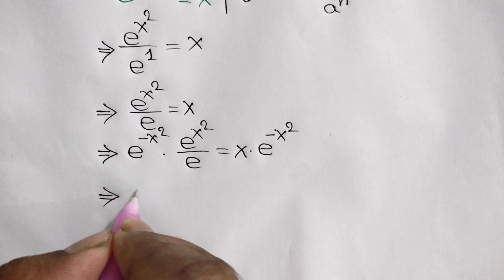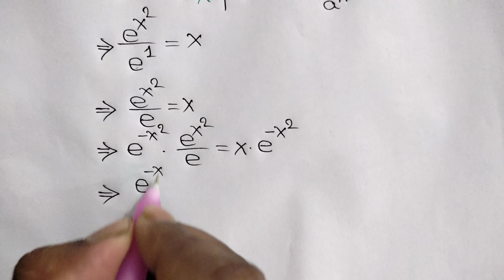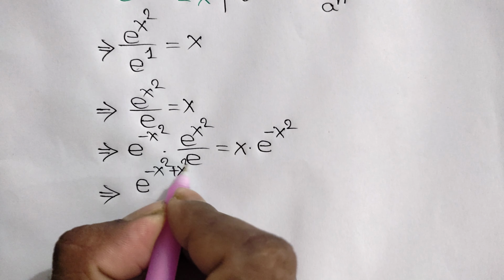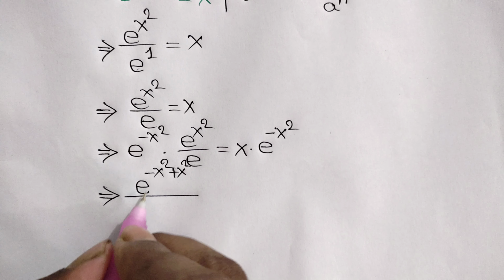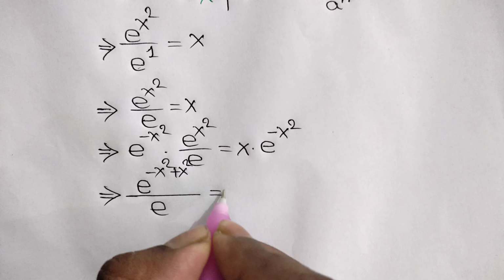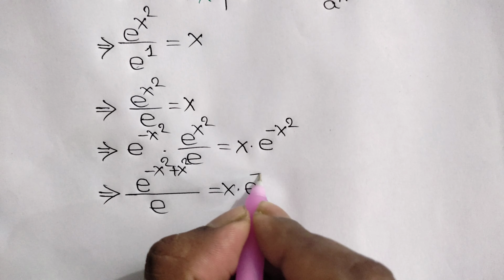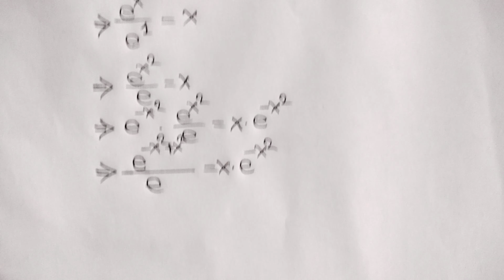Or now here we will get e to the power negative x square plus x square over e is equal to x times e to the power negative x square.